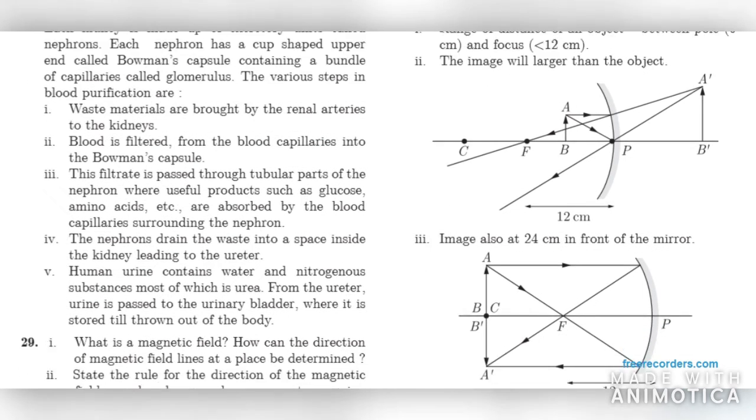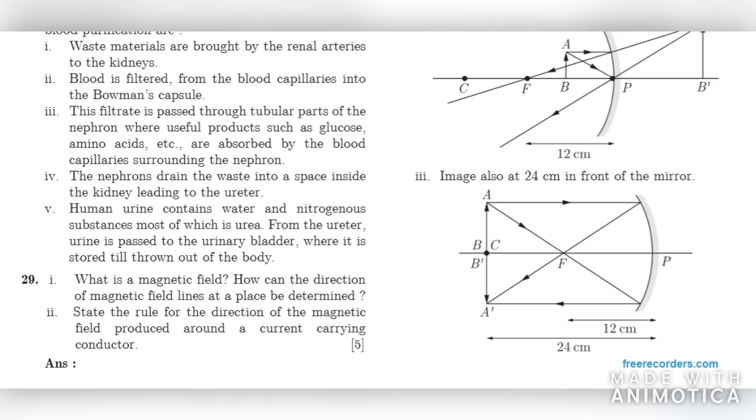Now moving on to question number 29, it says what is a magnetic field? How can the direction of magnetic field lines at a place be determined? First of all, you have to define a magnetic field. It is the space surrounding a bar magnet in which the influence in the form of magnetic force can be detected.